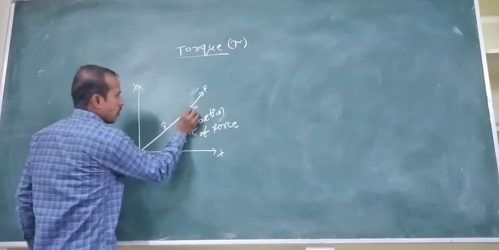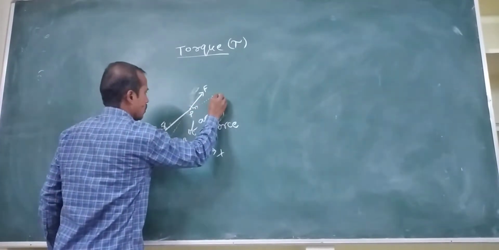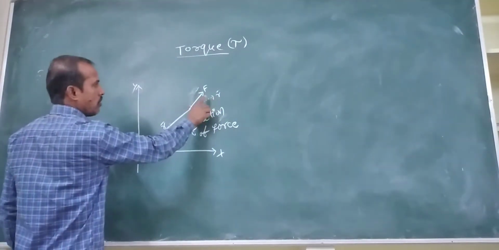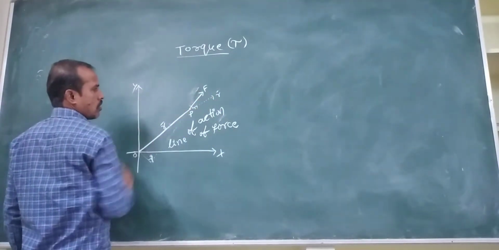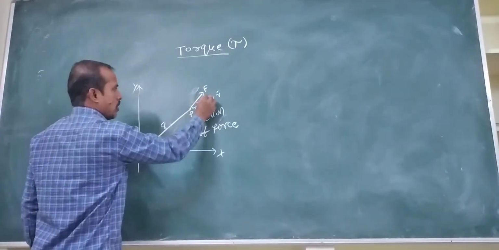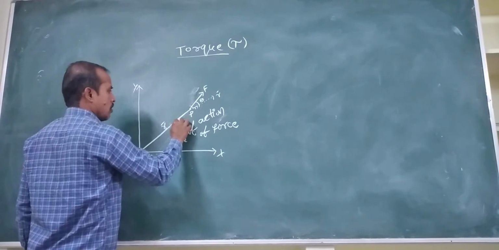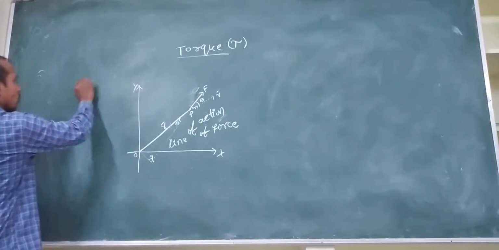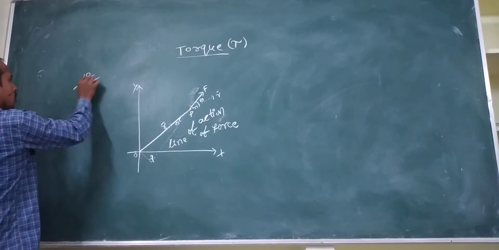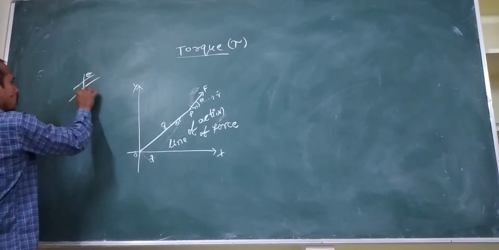So this is a direction. The angle between the position vector and the force is theta. This one also is theta. This angle here is theta.